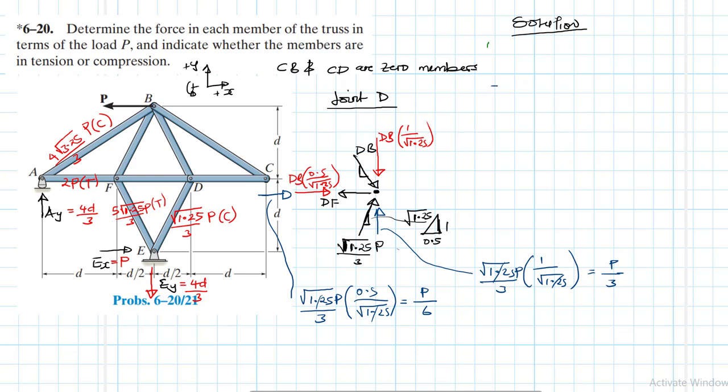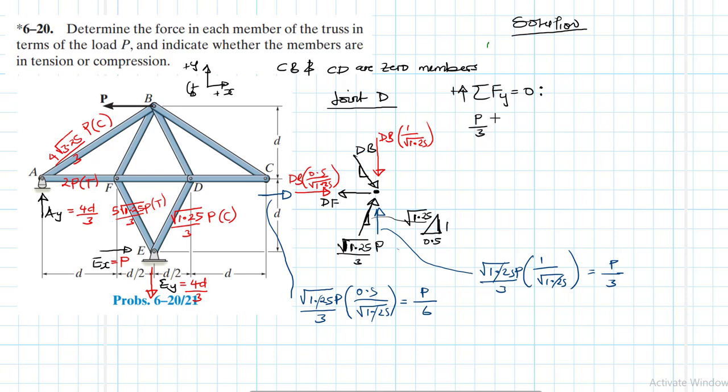Quickly, let's apply the equations of equilibrium. Summation of forces in the y direction equal to 0. What do we have in the y? We have P over 3.